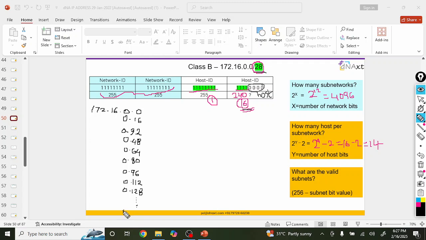This will go on till you get the octet as 0.240.